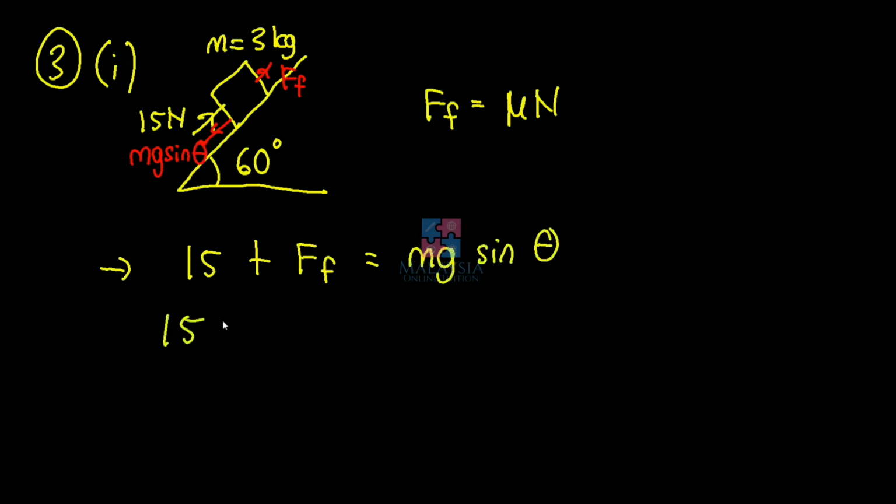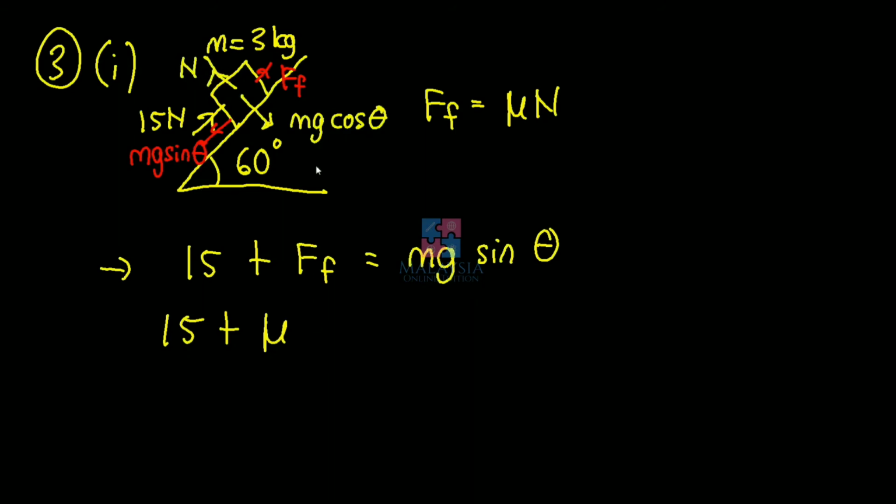So this will be mg sine theta. So 15 plus mu, the one that we need to find, the coefficient of friction, and then the normal force, or the reaction force will be this one. So this is your mg cos theta, and your reaction force will be the opposite. This will be your n.